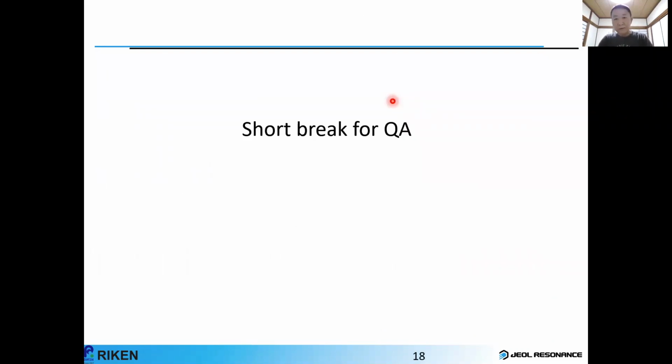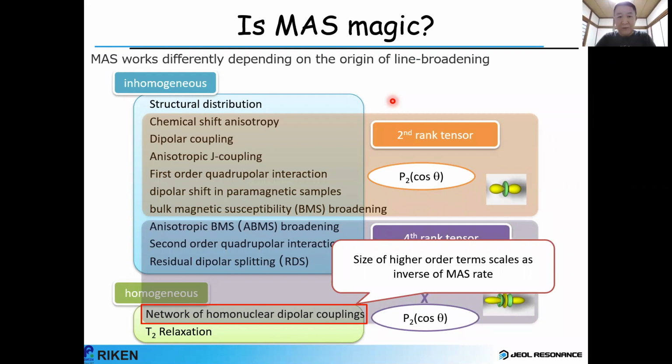So next, I want to talk about proton NMR. We use fast MAS experiments to observe the proton NMR spectrum. In the case of proton NMR, protons are connected to each other and form a kind of network. In this case, the proton-proton dipolar interactions do not commute with each other during sample spinning. This introduces homogeneous broadening.